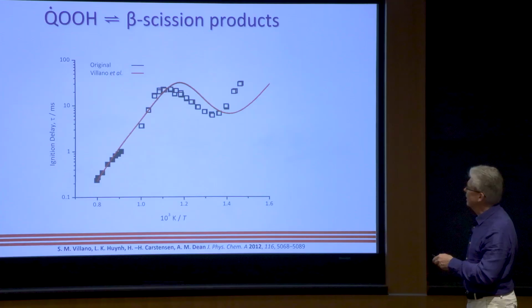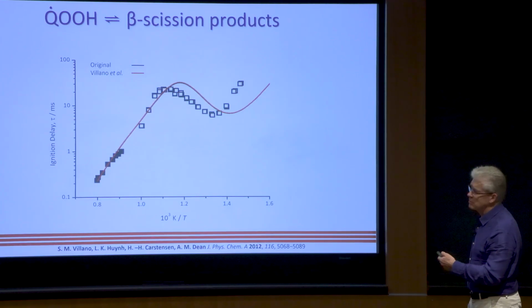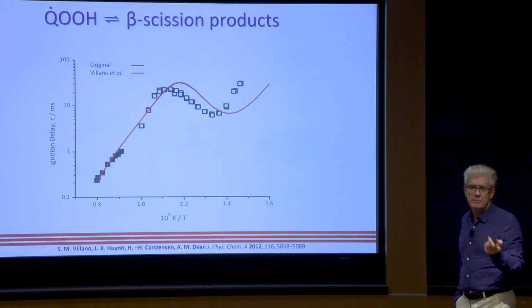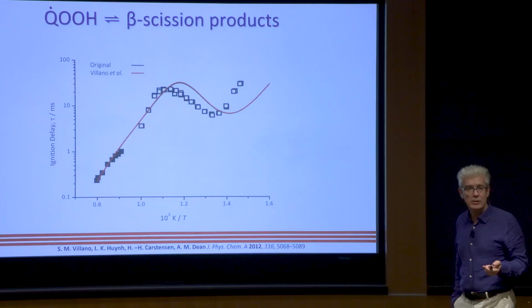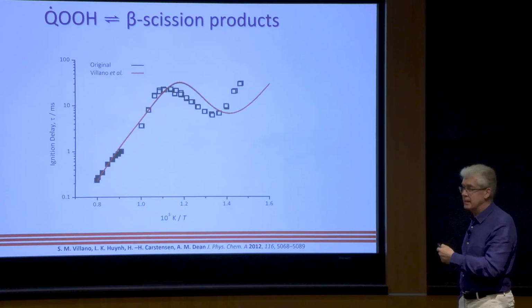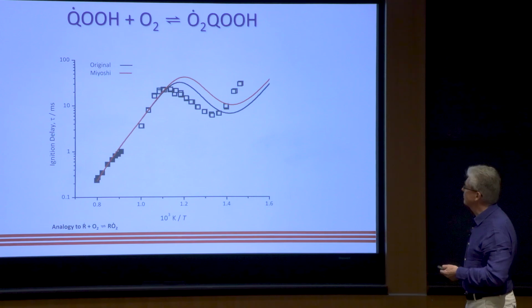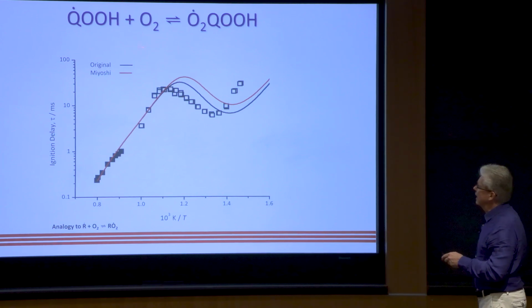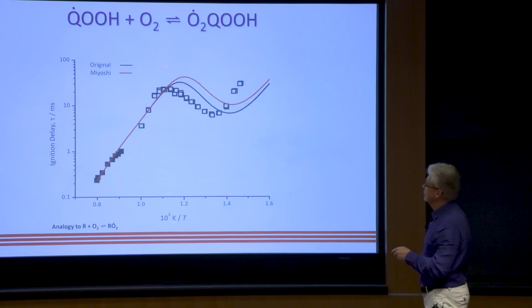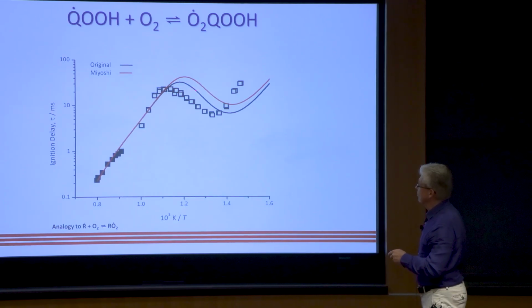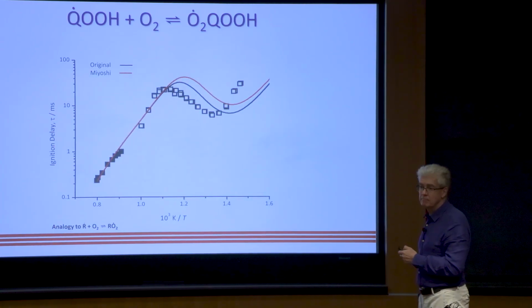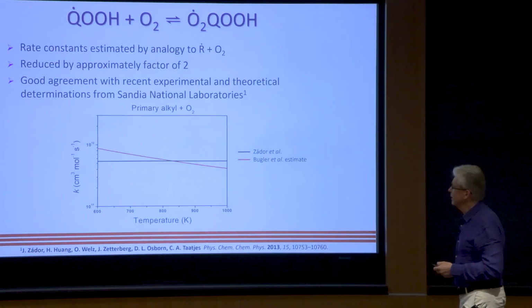Then the QOH giving beta scission products, the system doesn't seem to be very sensitive to those reactions actually in this example of n-pentane. If we then look at hydroperoxy alkyl radical adding to O2, what we were using and the rate constant from Miyoshi, this makes things slightly slower.